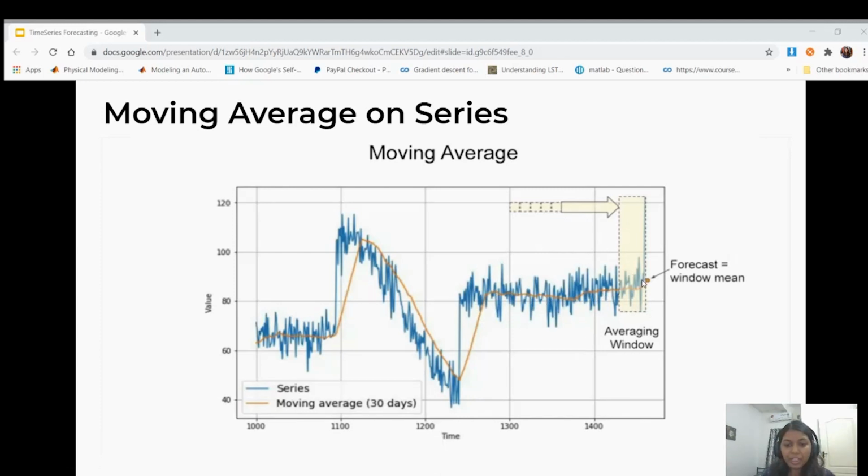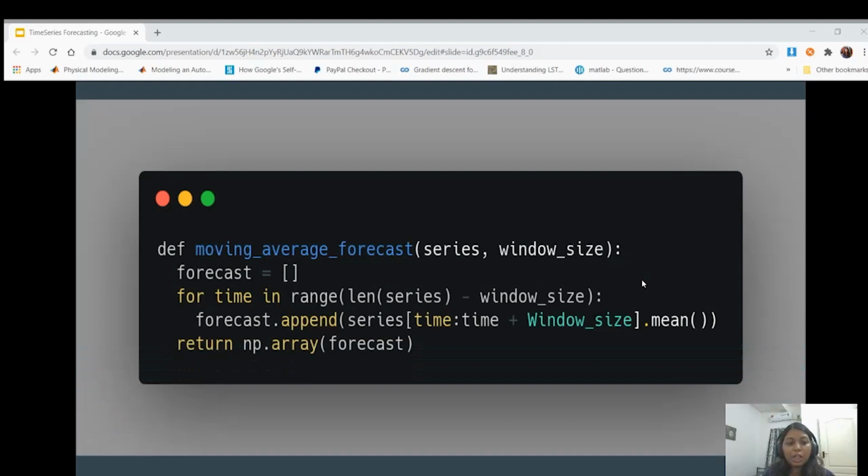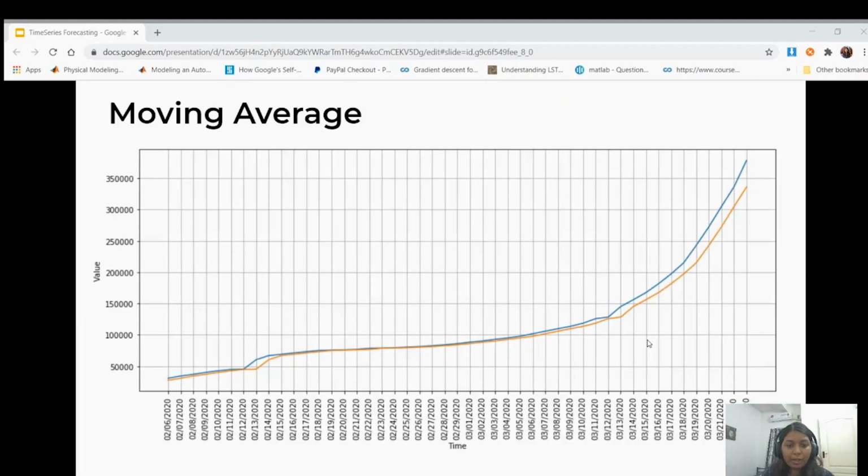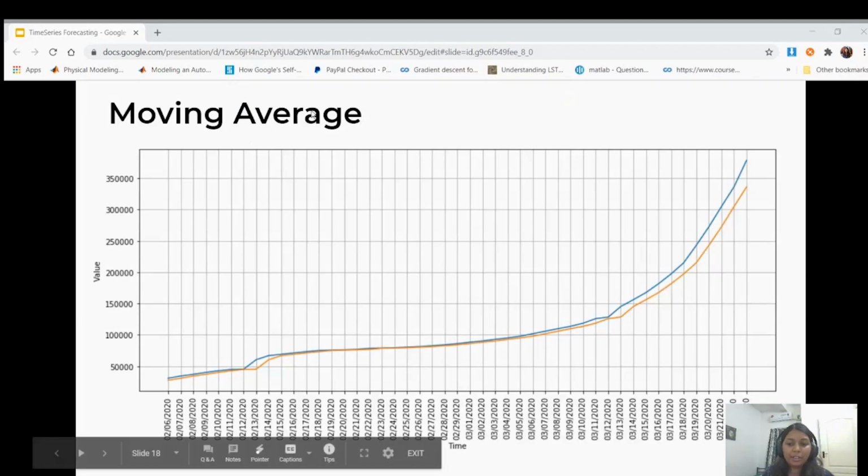So it's not just taking data from the previous day, but it is also trying to forecast by finding the mean in the next window, in the future. Now we can see here there's a window size that has been implemented. If we want to plot the series, it will look something distorted.